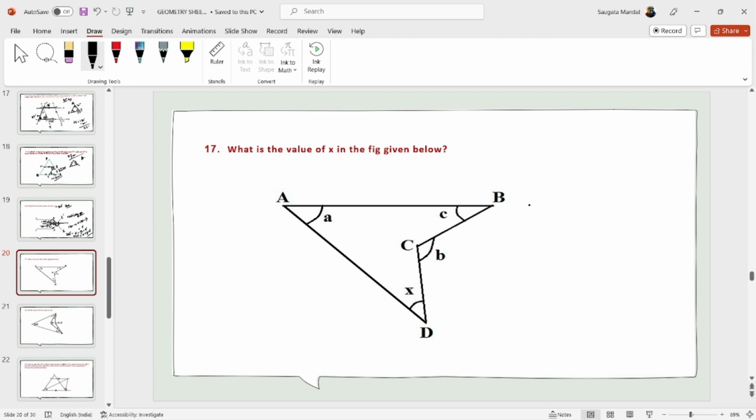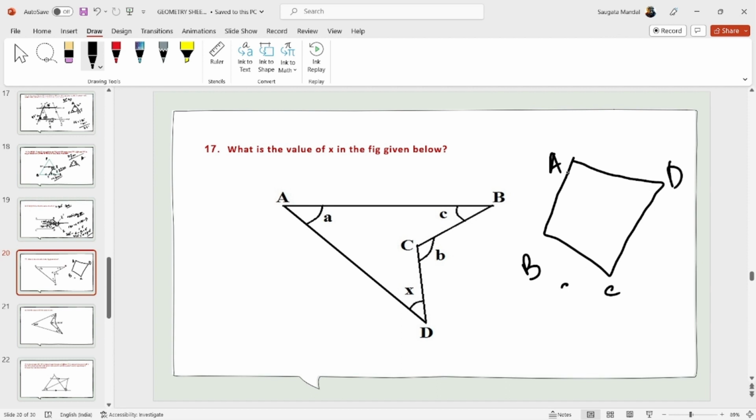In a quadrilateral ABCD, if one angle is A, another is angle B, this is angle C, and what is this?